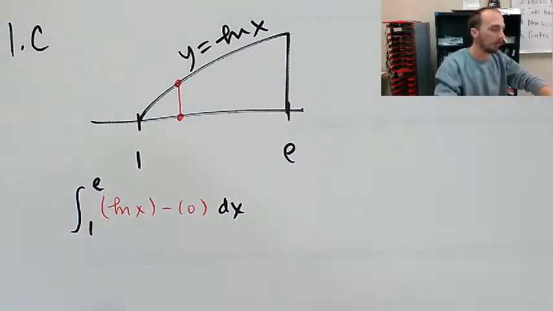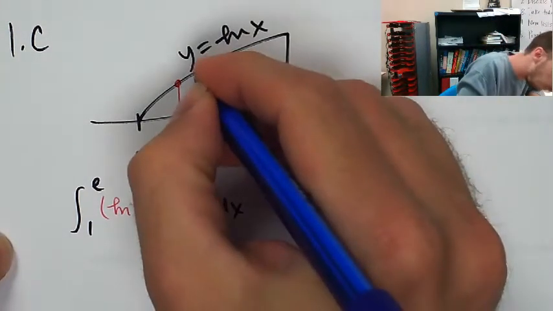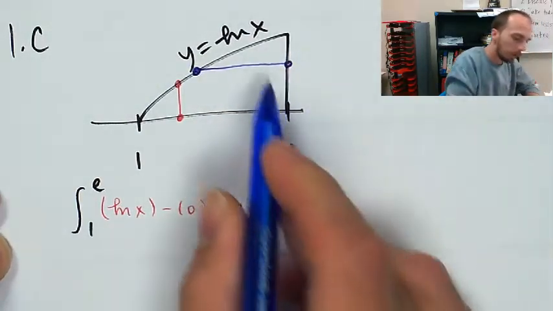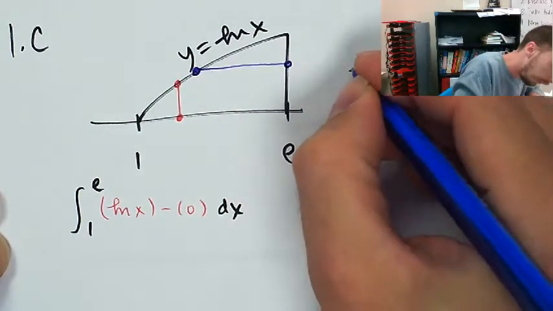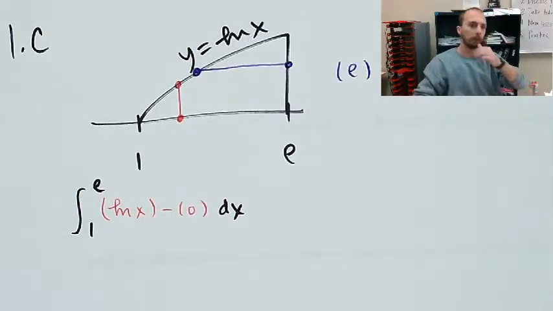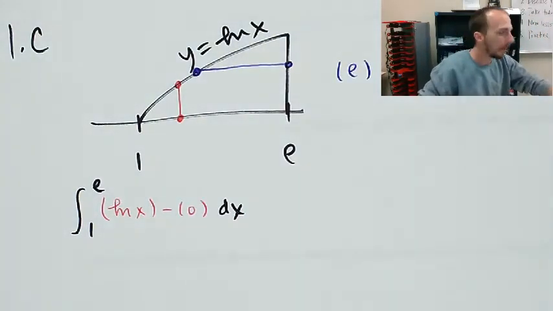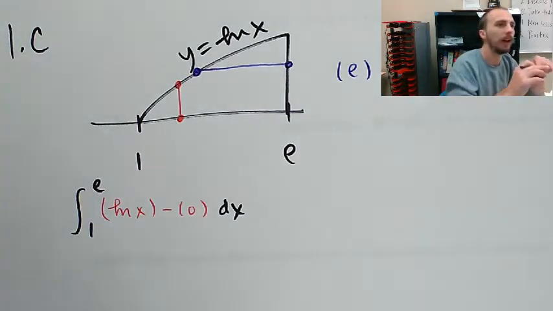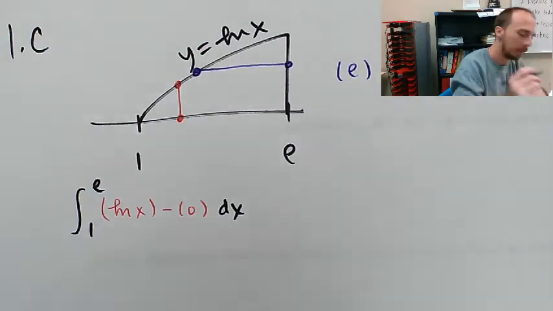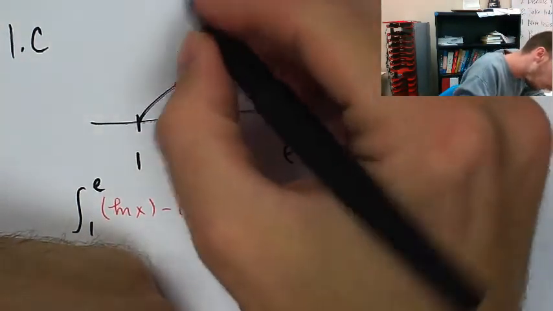But if you wanted to go sideways on this one, you could, because you've always got the same right and left. So I'll switch up to blue here and say, okay, on the right, I've got x equals e. And on the left, I need to be able to solve this for x. So if y equals log of x, what is x? It's going to be e to the y, because I take e to both sides' power.